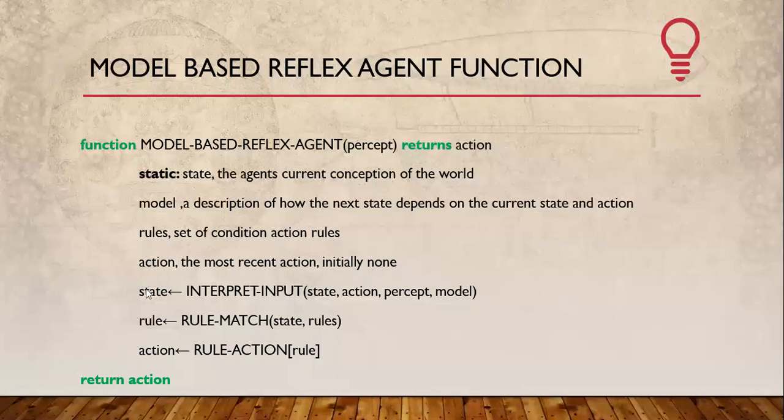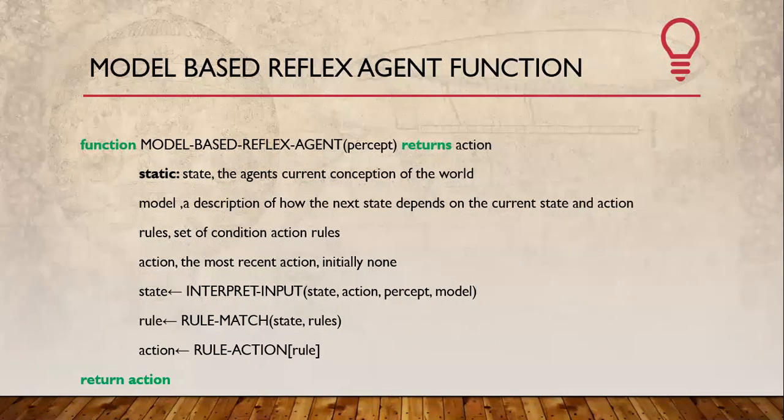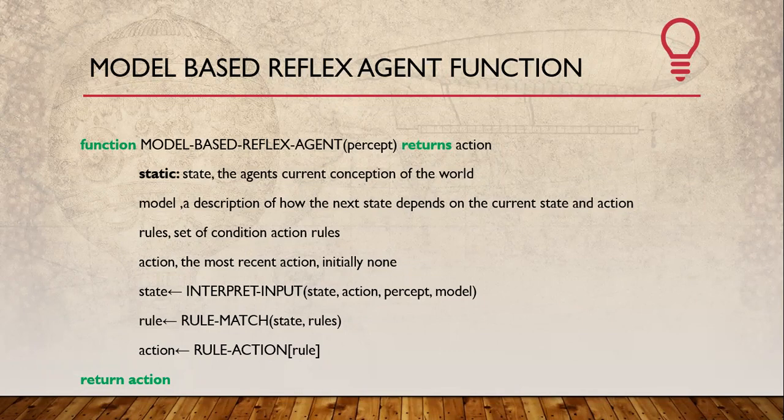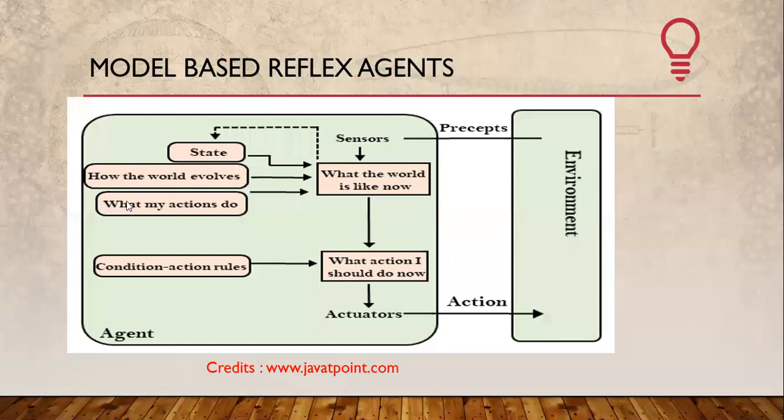The rest of the part remains the same. But now, to interpret the input, only the percept is not enough. The percept is important, the model is very important, the state is important, and the action, if any was taken for the previous percept, is important, because then it will be able to understand what my actions do.